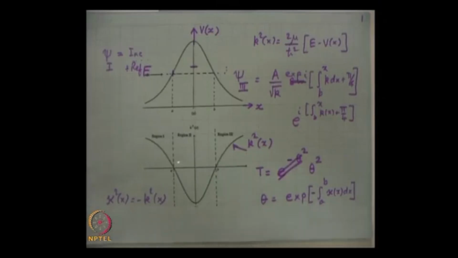One, the tunneling through a parabolic barrier, then the tunneling through the triangular barrier, and also the alpha decay problem.